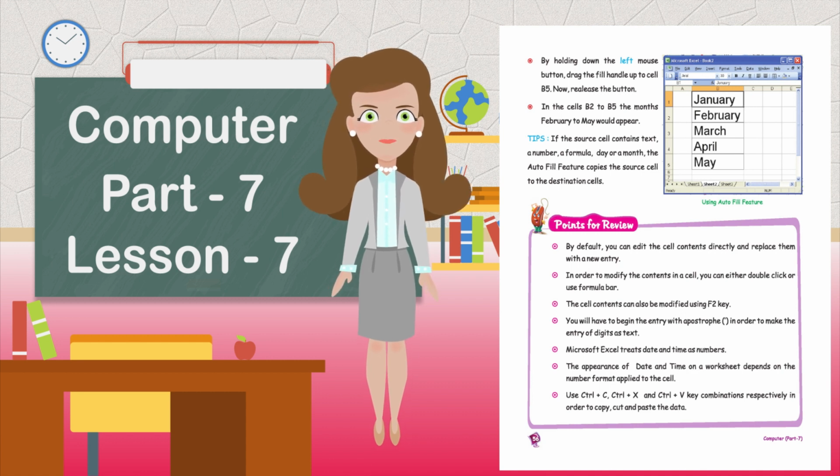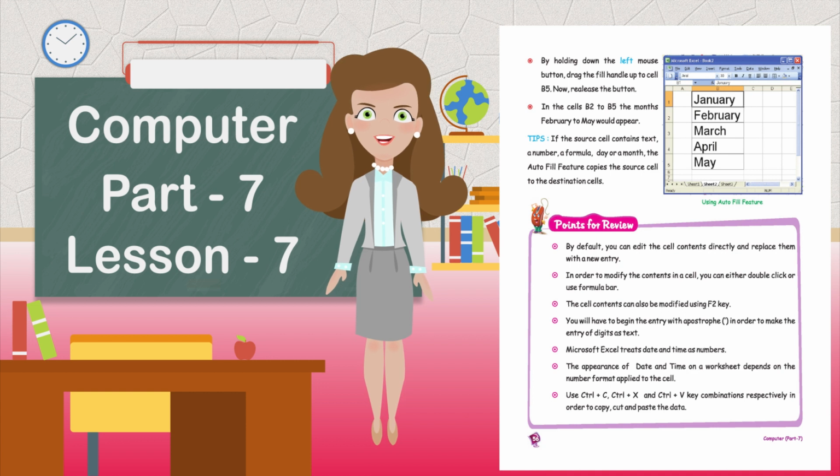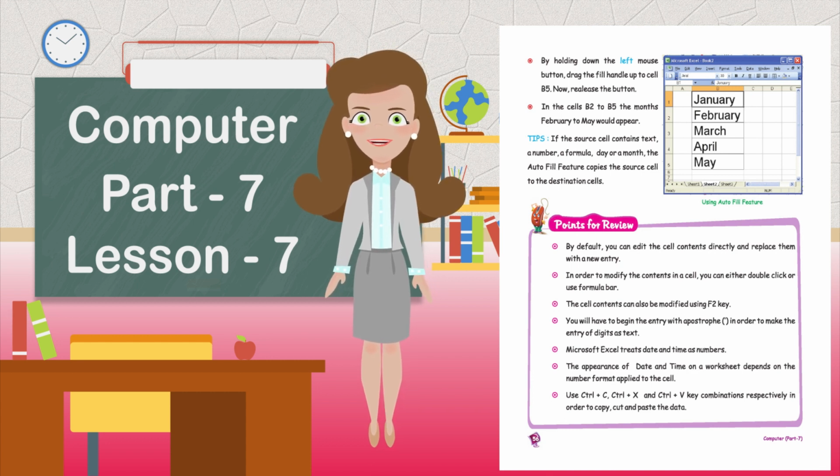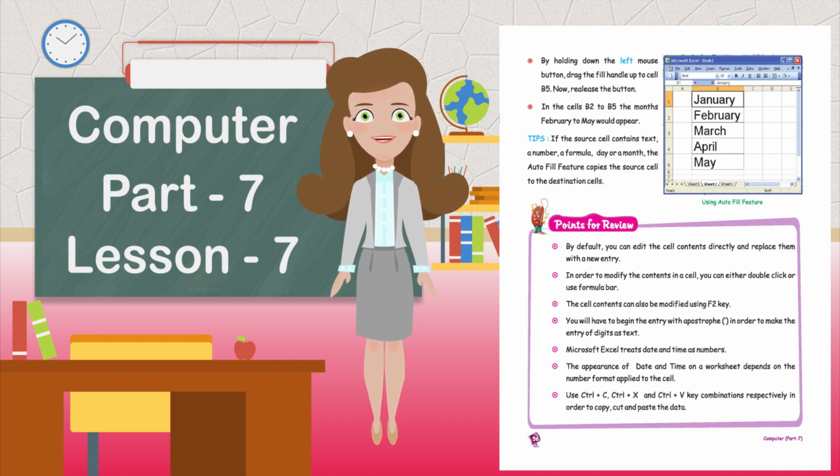Points for review. By default, you can edit the cell contents directly and replace them with a new entry. In order to modify the contents in a cell, you can either double-click or use the formula bar. The cell contents can also be modified using the F2 key. You will have to begin the entry with an apostrophe in order to make the entry of digits as text.